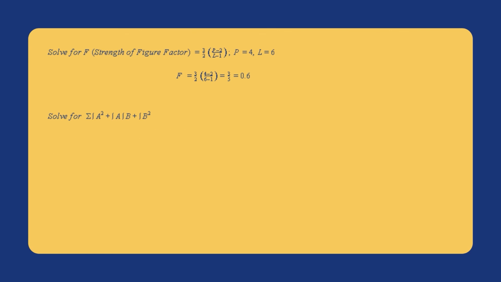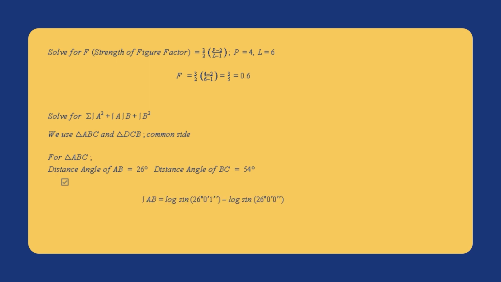Initially, we get the distance angles for each side of the triangle. Note that the distance angles are the angles opposite to the side mentioned. Then, we proceed to getting its deltas, in which we get the difference for their logarithmic signs. So first, we get the delta for AB, in which we just get the logarithmic sign with a difference of 1 second.